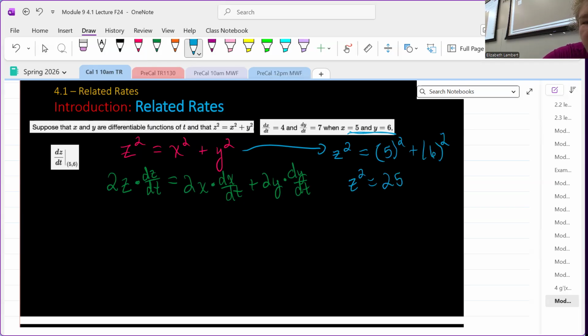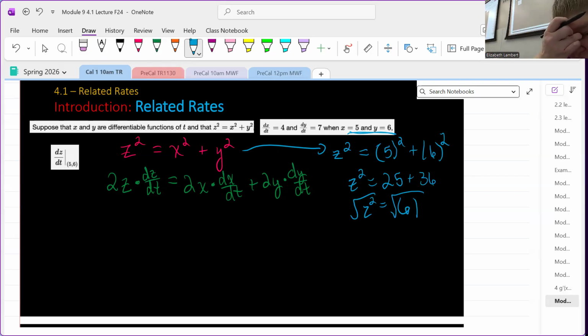So we have 25 plus 36. So z squared is 61. And then we square root.